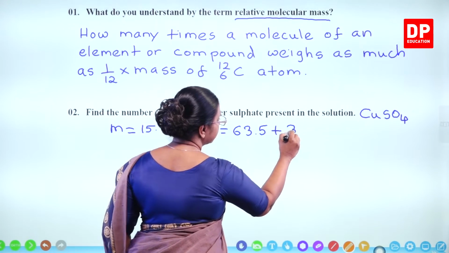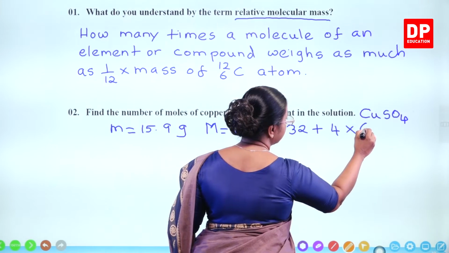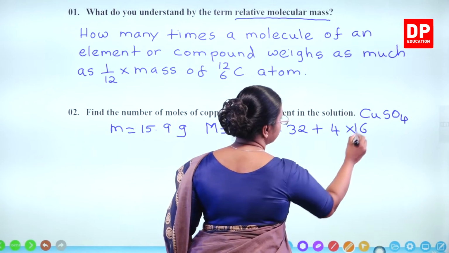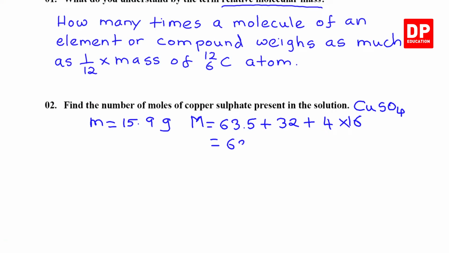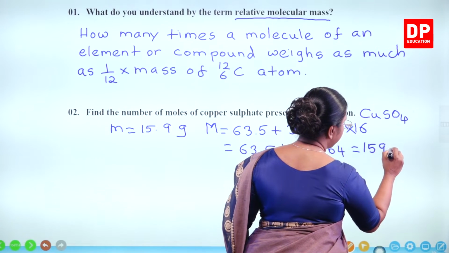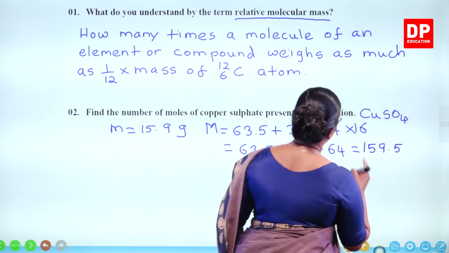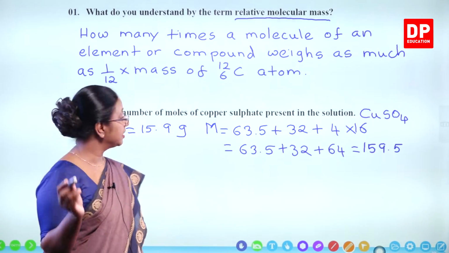Then sulfur is 32. And there are 4 oxygens into 16. So what is that equal to? Again 63.5 plus 32 plus 4 into 16, that is 64. That will be equal to 159.5. And if it is the molar mass, you have to have the unit grams per mole.